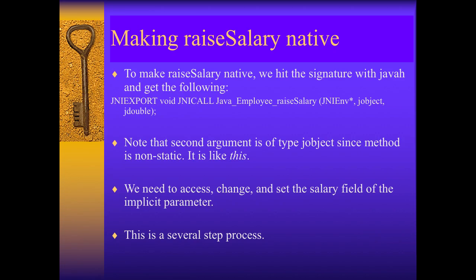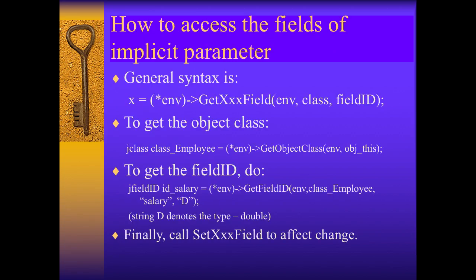The argument JObject is a non-static object, and in fact it is like the this reference. So you're passing an instance of the class in, and now you have to access the parameters in the object in order to be able to get access to the salary field.